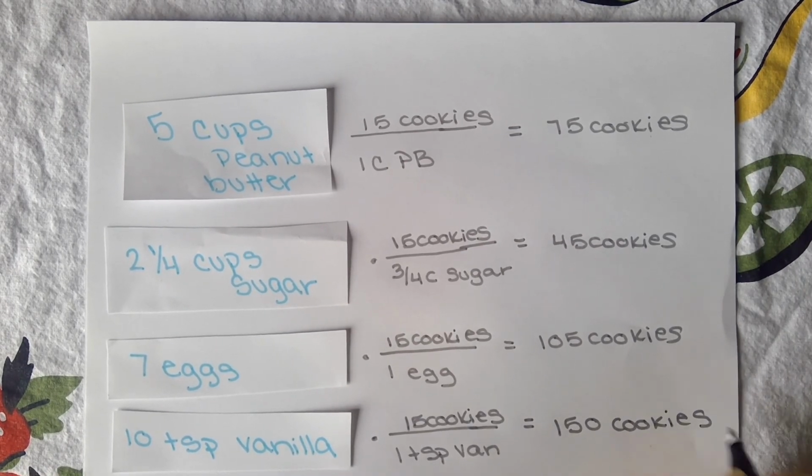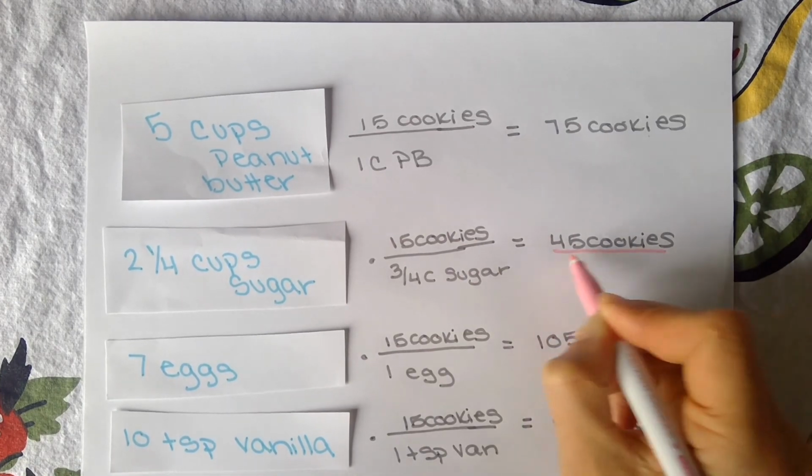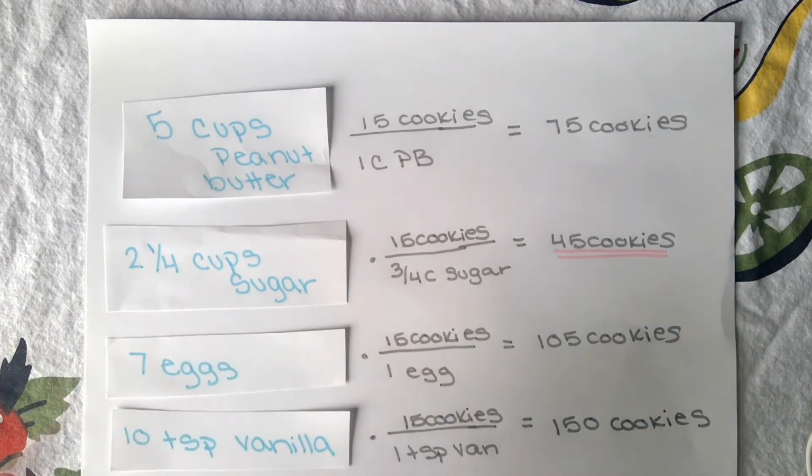Now, my question is, based off of this and based off my ingredients, how many cookies could I actually make? Well, the answer is I could actually only make 45 cookies. I can only make as much as my sugar allows me to make because that is my ingredient that's going to limit my reaction.